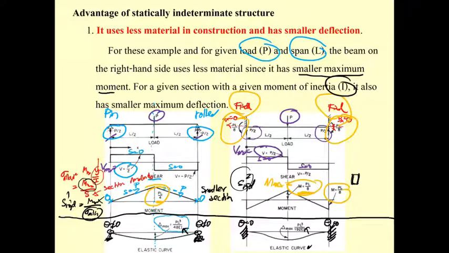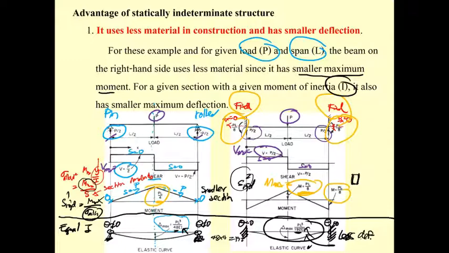So the maximum deflection from this will reduce. If you consider the coefficient here and here, 48 times 4 is going to be 192. That means if you set equal I, this beam is going to have 4 times less deflection.